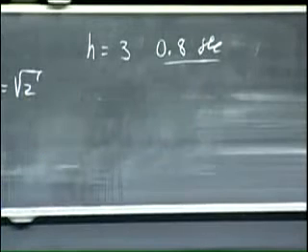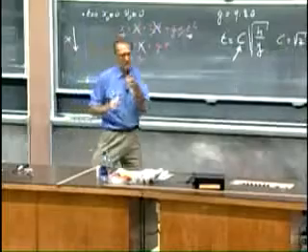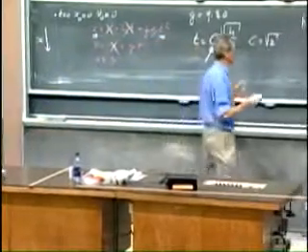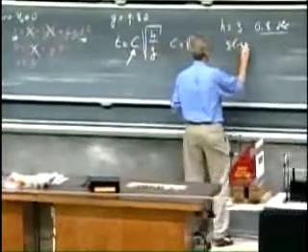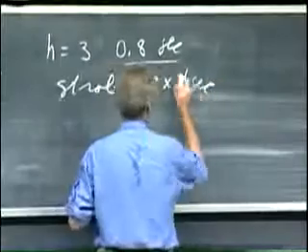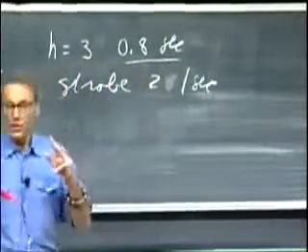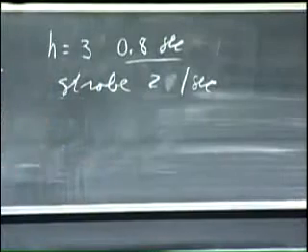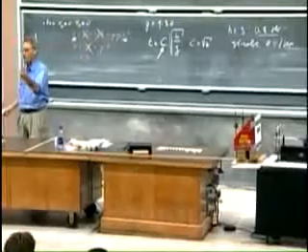If I strobe it twice per second, we call that 2 hertz, so my strobe is 2 times per second, then I should hit that ball when it's falling twice with my strobe light.